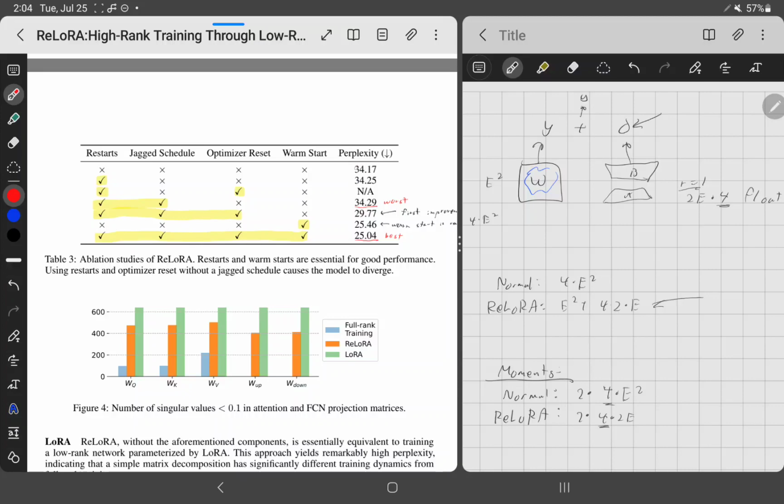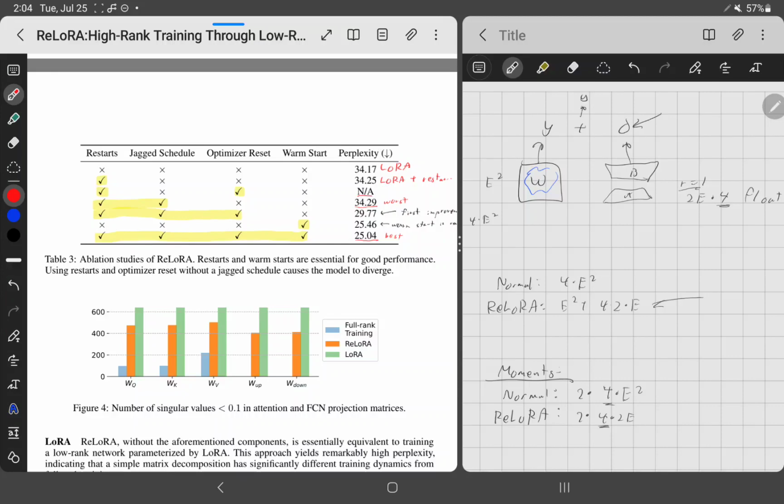I think this is normal LoRa, and this is your LoRa with restarts, with your changing weights. And you can see it doesn't really change very much. It doesn't add anything because it's kind of going in the same trajectory.